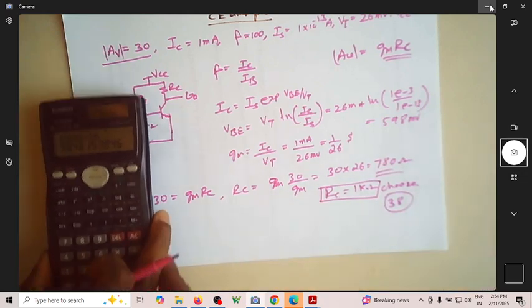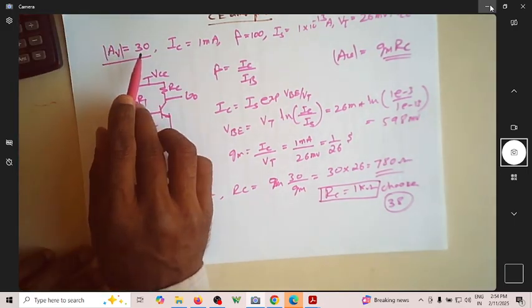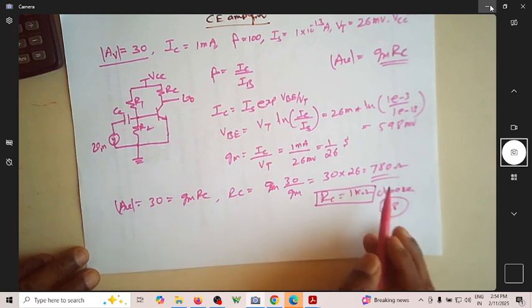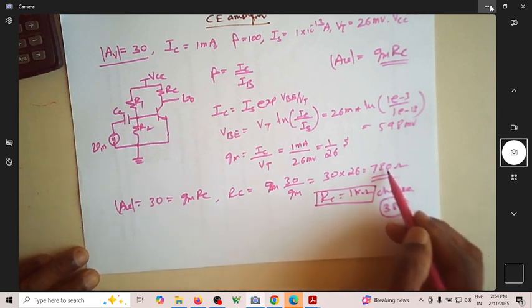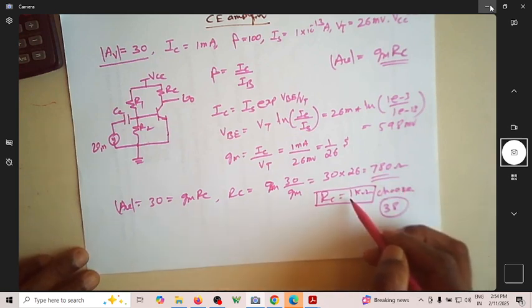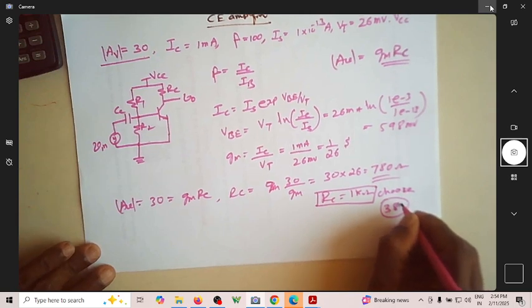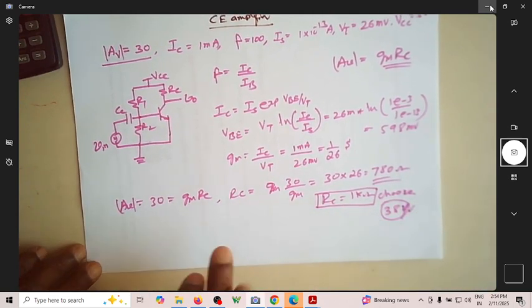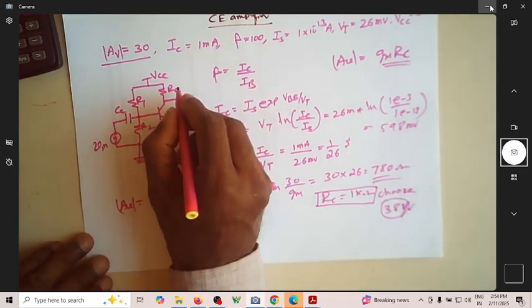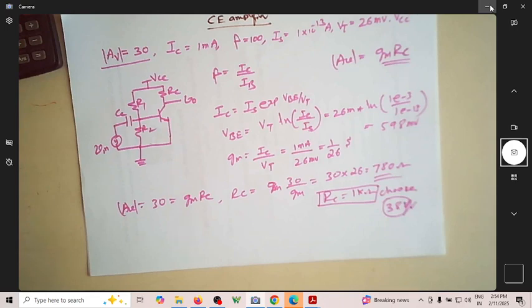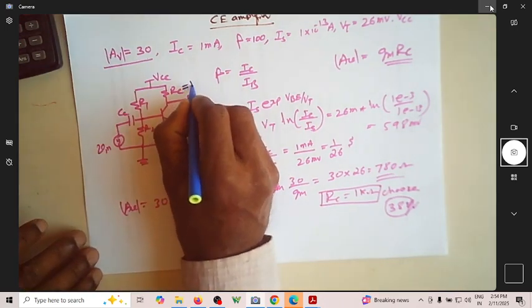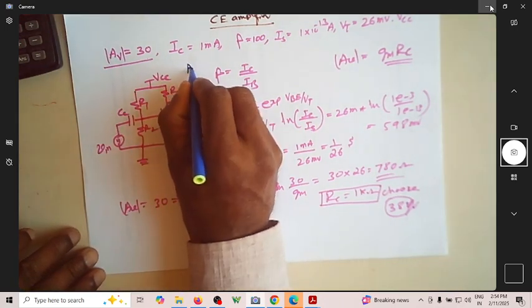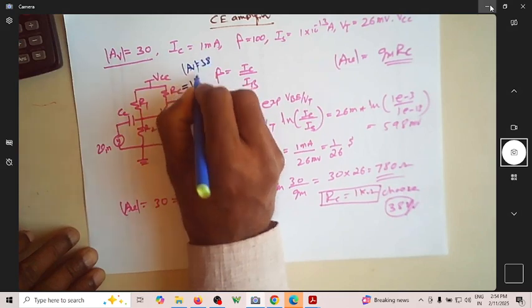Now we will not look for a gain of 30, we look for a gain of 38, because we are choosing the value of RC close to the available standard resistance, which is 1K. When we actually measure the gain, it will be 38 volt per volt. So RC is 1K, so that it gives a gain of AV equal to 38.